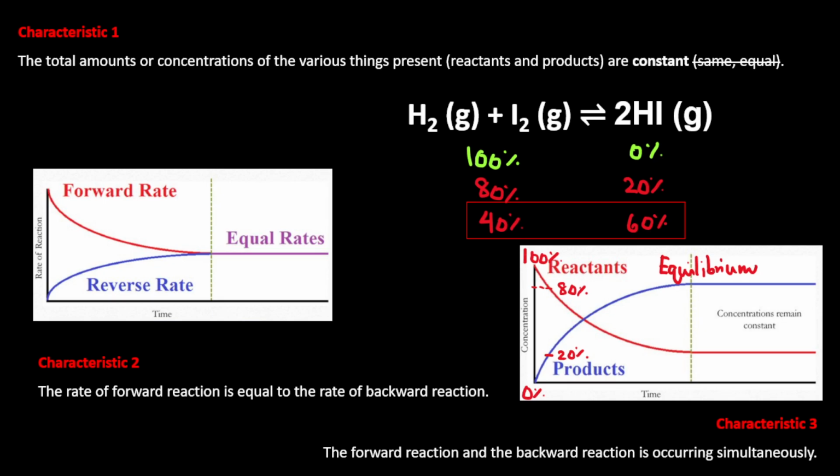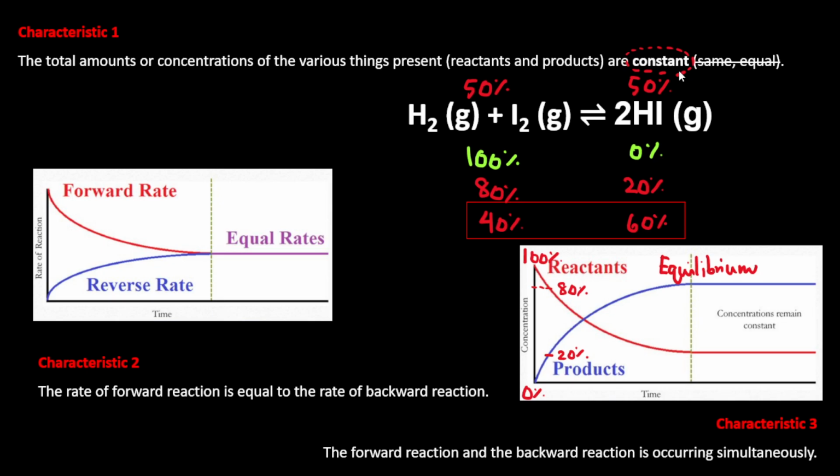The reason I cannot write that they are same or equal is that it would mean that hydrogen and iodine will always be 50 and hydrogen iodide will always be 50. This is possible, but we cannot say it. So the only correct word that we can use is constant.